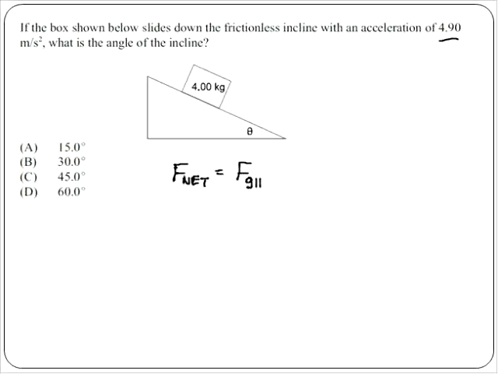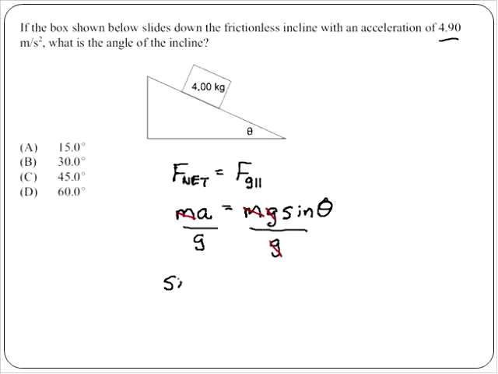So what I'm going to say now is F net is m times a, Fg parallel is m times g times sine theta, and what you can do with that then is cancel out the masses if you want, even though the mass is given. You may as well cancel it out. Then I'm going to divide both sides by g, because I want to get the sine by itself. That'll cancel these out as well.